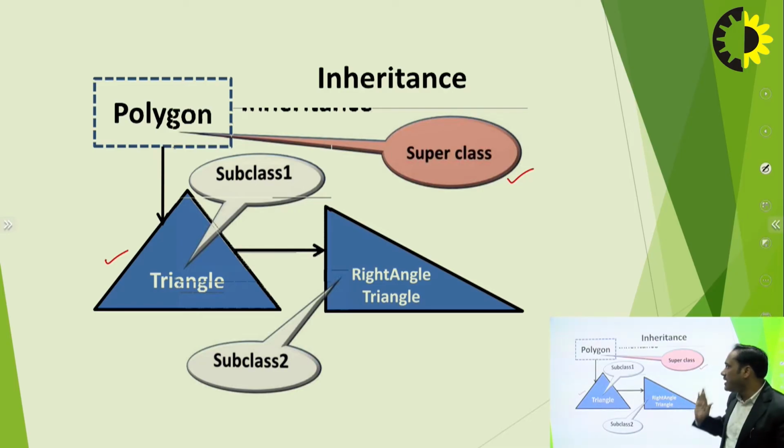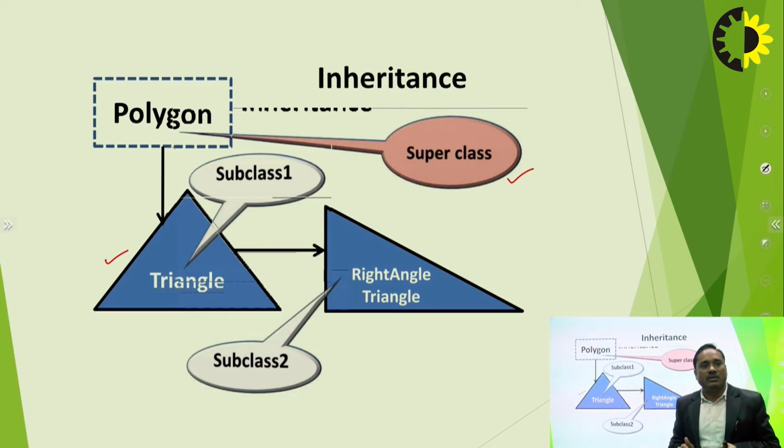Polygon is the superclass, the base class. The subclass is the triangle, and the triangle can be further derived into three classes: right angle triangle, isosceles triangle, and equilateral triangle. They follow the structural property. That's why inheritance is a structural property.